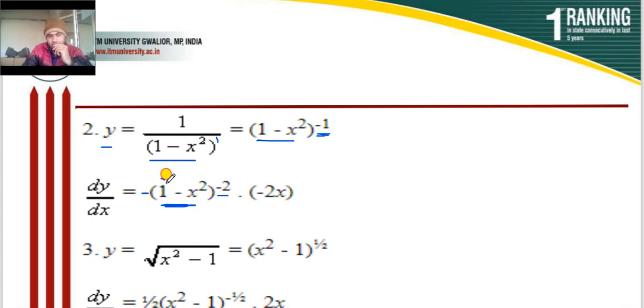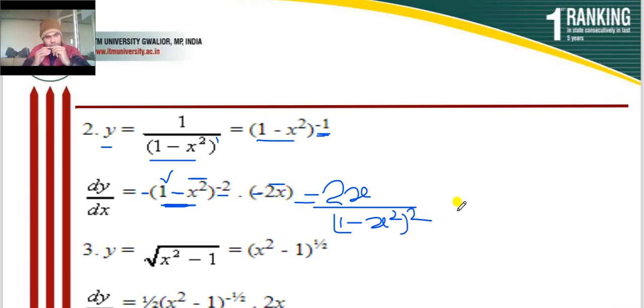Differentiation of 1 is 0 and this minus, so we write this minus, and the differentiation of x square is 2x. So we will multiply this minus 2 with this minus, so this becomes 2x, and when this minus 2 goes to the denominator, it will be 1 minus x square to the whole square, because when it goes to the denominator, the power will be positive.